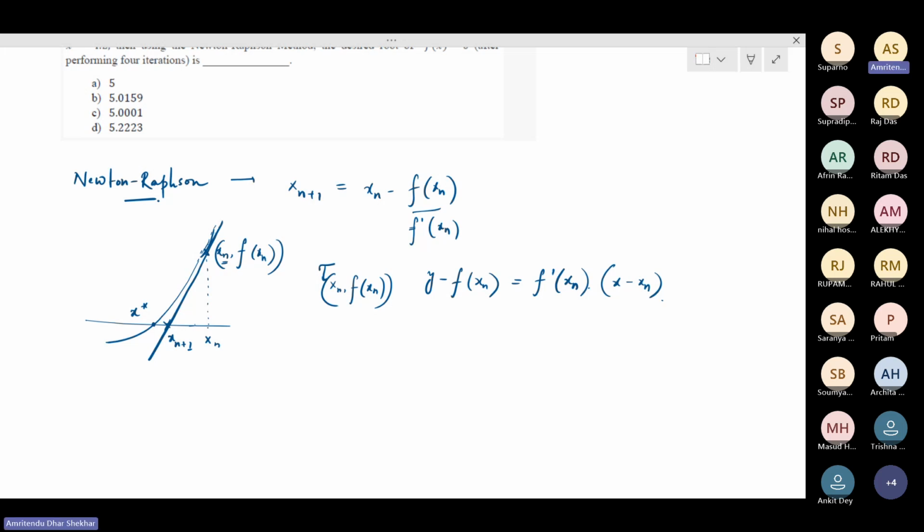Now, the point where it intersects the x-axis is given by x equal to xn minus f of xn by f dash of xn.